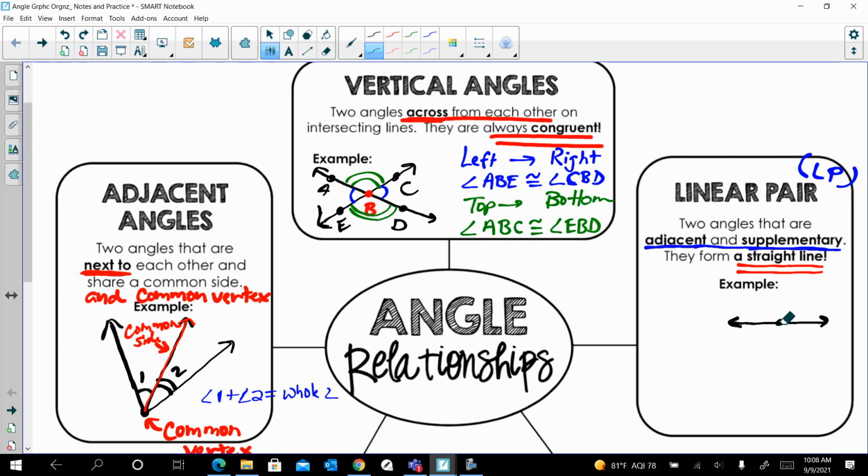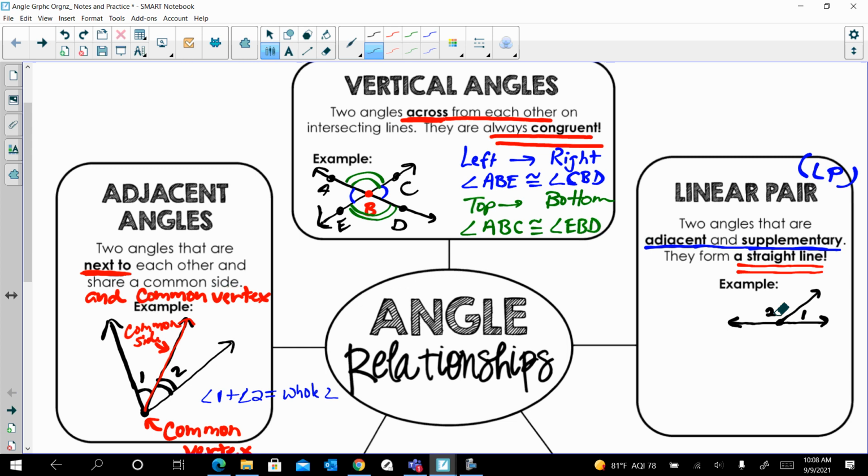To show linear pair, I just need to extend from this point, make this my common point, and make one angle acute and one angle obtuse. Or I can make them both congruent, but I need to show two angles. So I can have 1 and 2. So here I'm showing angle 1 plus angle 2 would still be a sum of 180.